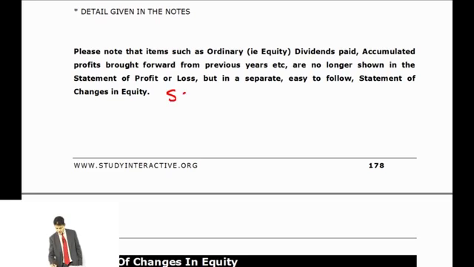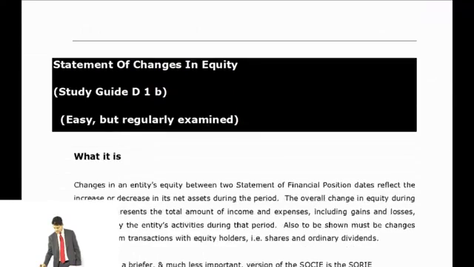So that's my opening shot. That's why we need the SOCI. Things like dividend for the year, very interesting for the shareholder. The profits that were not distributed as a dividend, but owned by the shareholders, brought forward from previous years, are not shown in the P&L anymore. Where are they shown? In the statement of changes in equity. And that's where I would like to spend our precious few minutes.